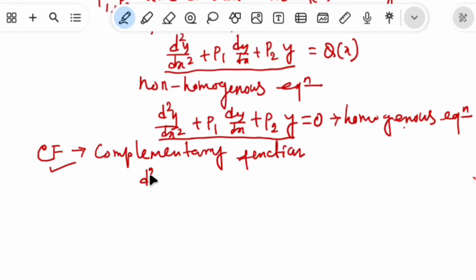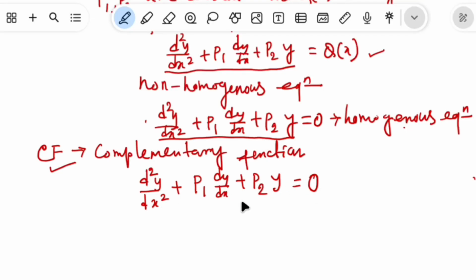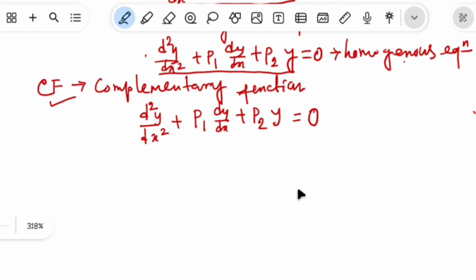So see, whenever we have homogeneous equation or suppose we have non-homogeneous equation, we will write the equation first in homogeneous form, that is d2y/dx2 plus p1 dy/dx plus p2y equals to 0.